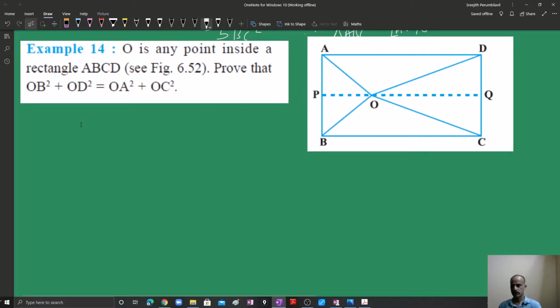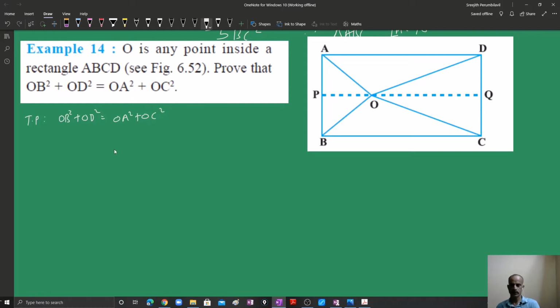Well, what is given, you write: a rectangle ABCD, O is any point inside. To prove that OB square plus OD square is equal to OA square plus OC square.